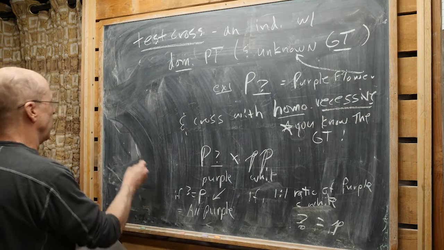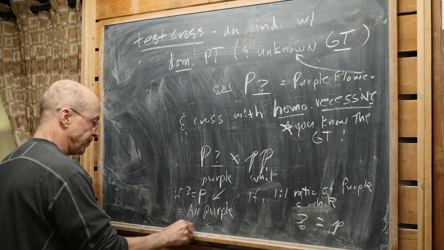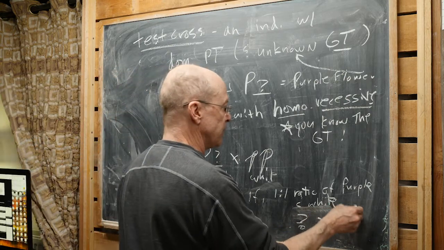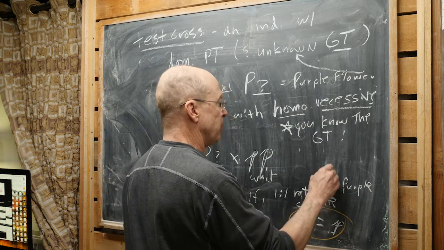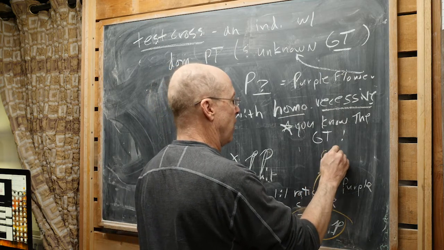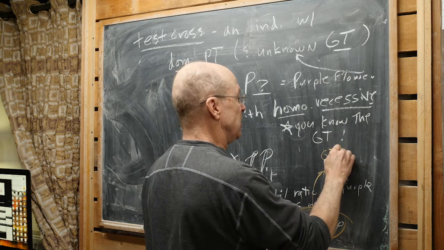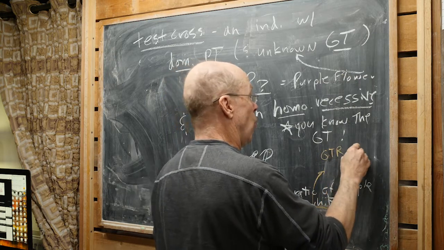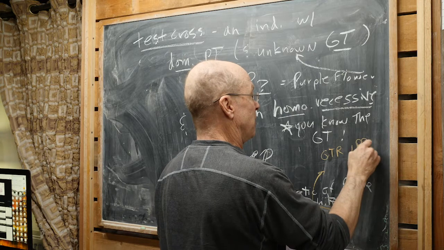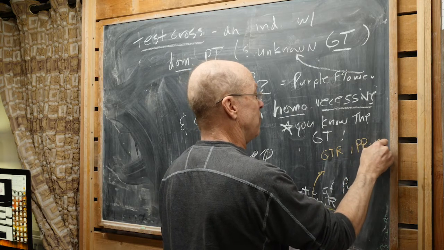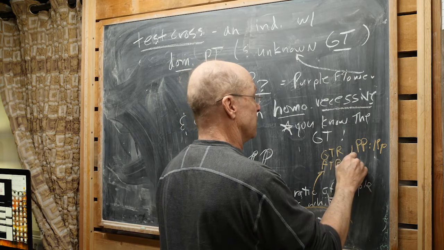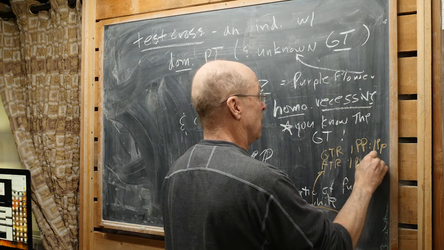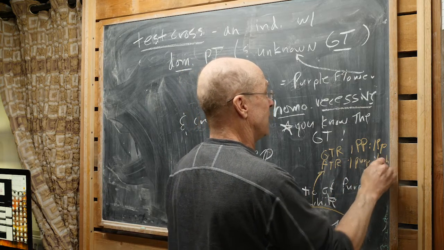So I guess I could write here that in this particular case, your GTR is 1 big P, little p to 1 little p, little p, and your PTR is 1 purple to 1 white.